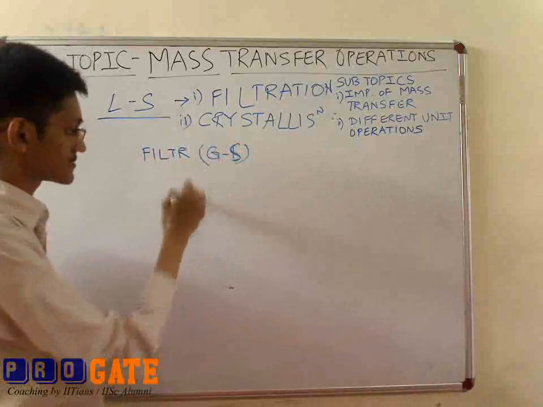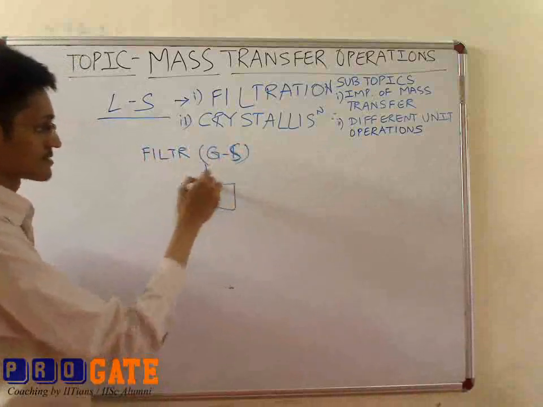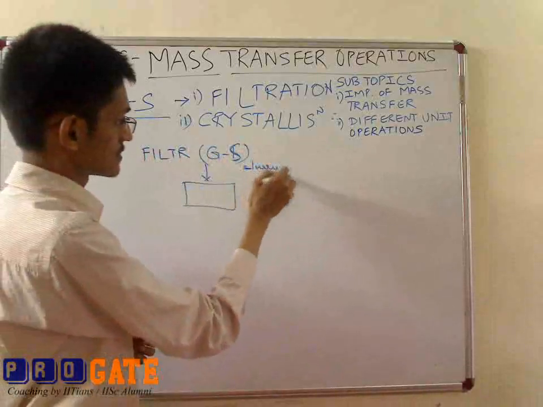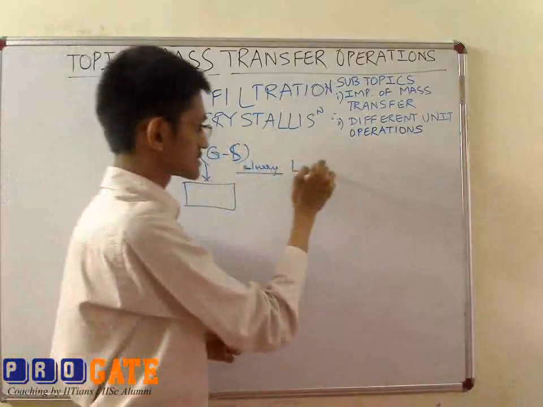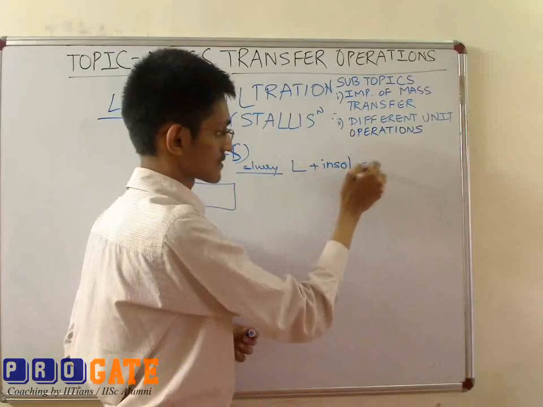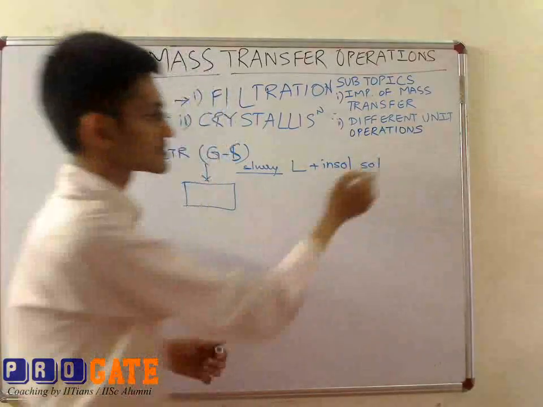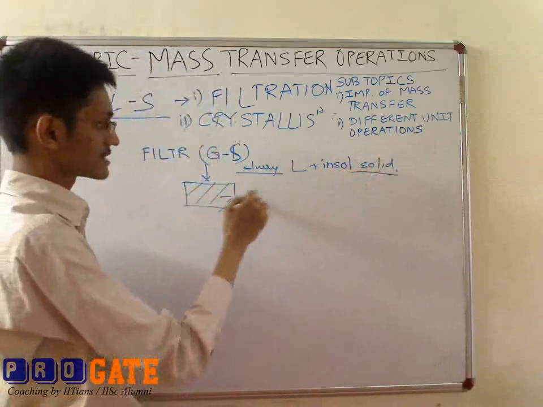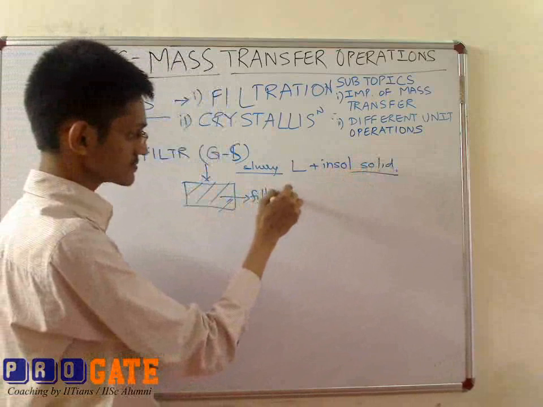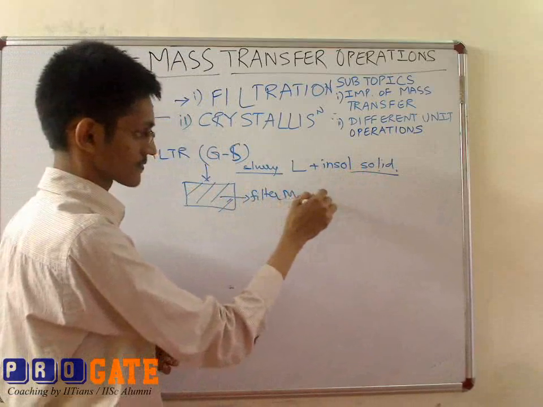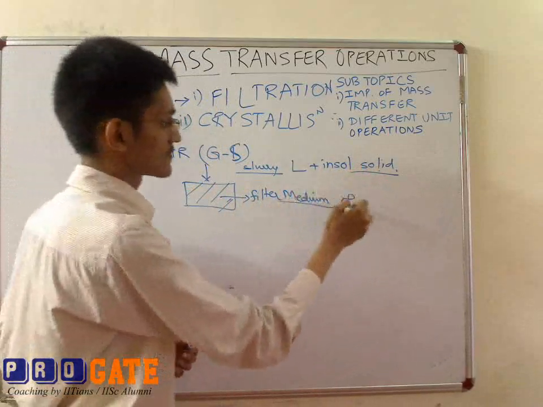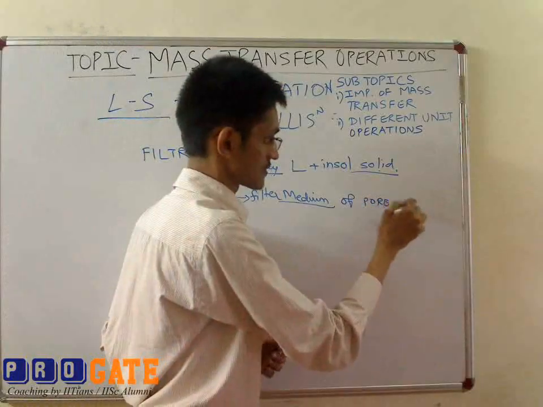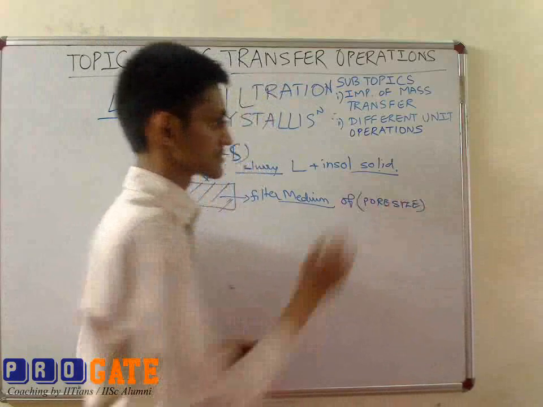You have a filter medium. Suppose you have a slurry in which you have liquid plus insoluble solid. So this insoluble solid is what you want to filter out. So you have a filter medium of some size which will allow you to separate the solid.